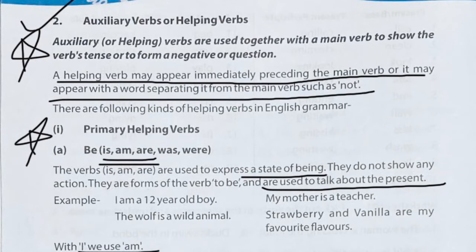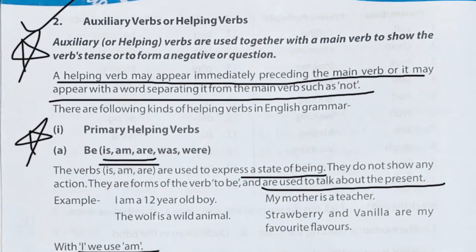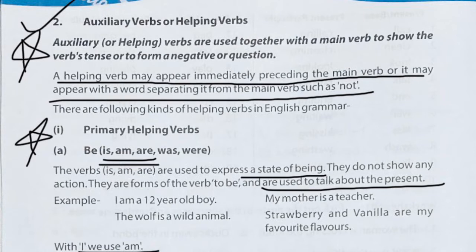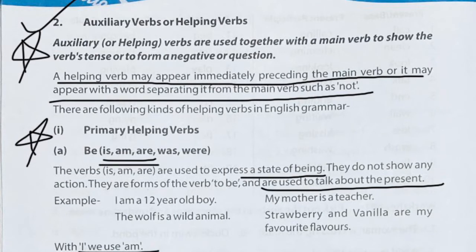So as we have discussed yesterday, auxiliary or helping verbs are used together with the main verb. Okay, ये जो auxiliary verb है या helping verb है, ये main verb के साथ use की जाती हैं to show the verb's tense. Okay, to show whether the action is happening in the present or the action happened in the past.